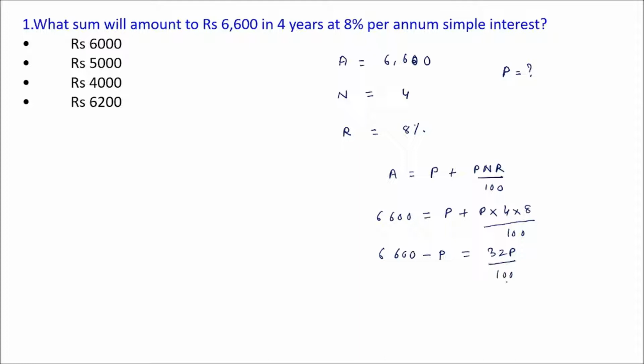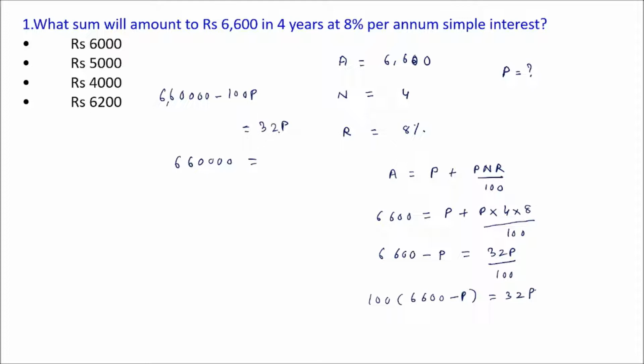Take this 100 on the left hand side. So 100 in bracket 6,600 minus P is equal to 32P. Multiply this bracket by 100. So it will be 66 and 2 more zeros we have to write, minus 100P is equal to 32P. So we can say that 6,60,000 is equal to 100P plus 32P.